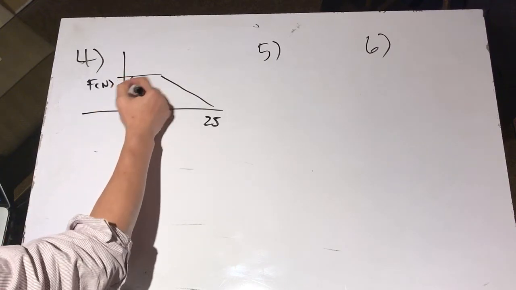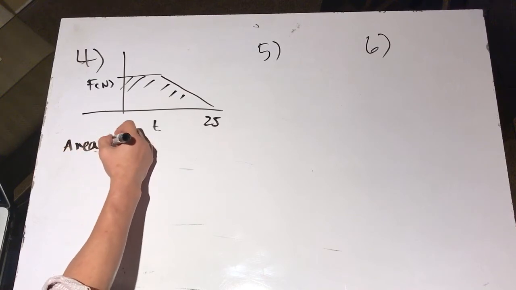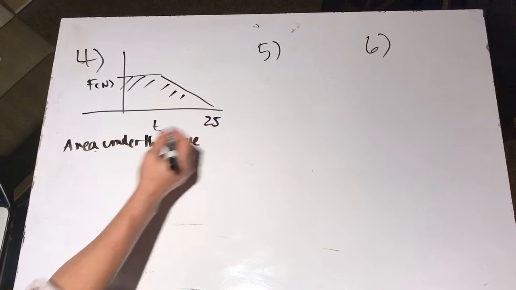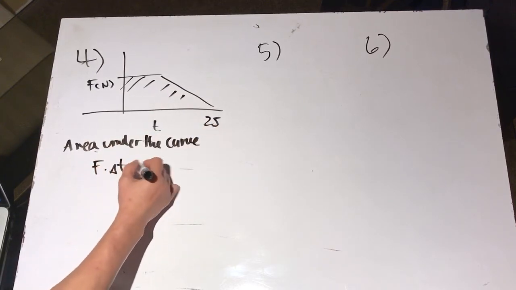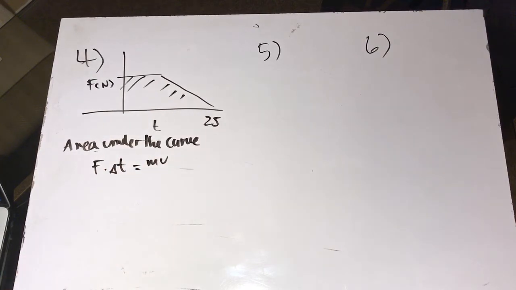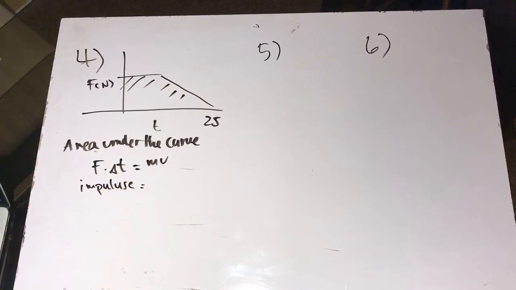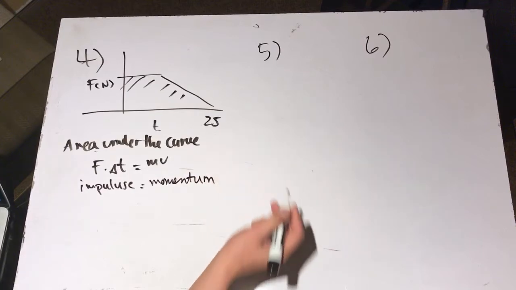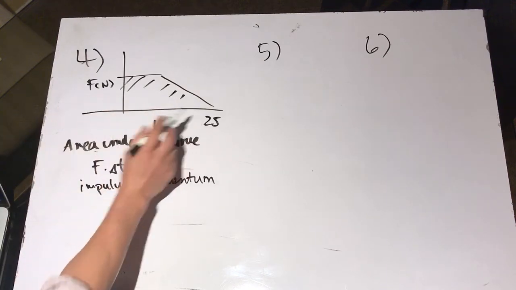So basically the area under the curve is F times t, and that is equal to momentum, and this is called impulse. Impulse is equal to change of momentum, same thing. And since they were looking for impulse, it is F times t.